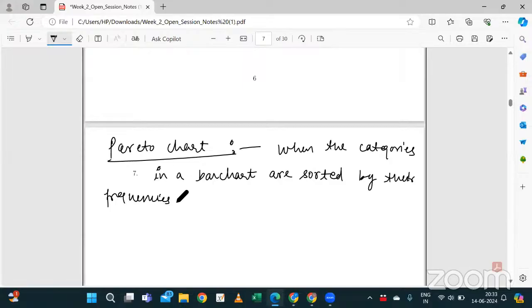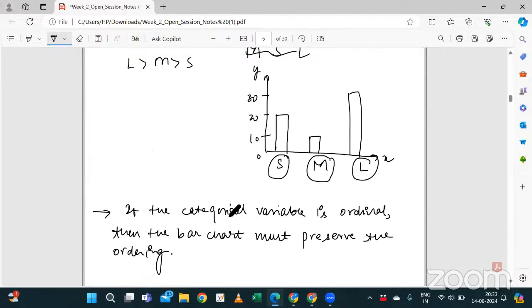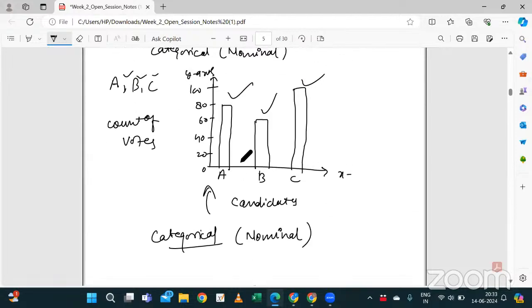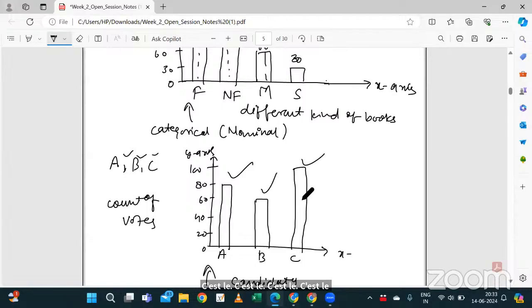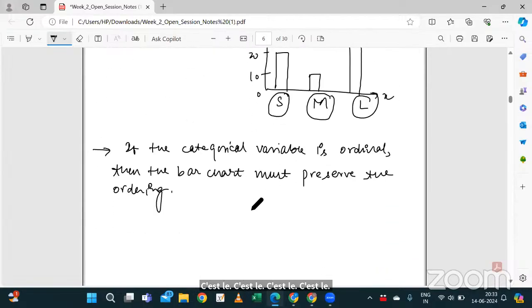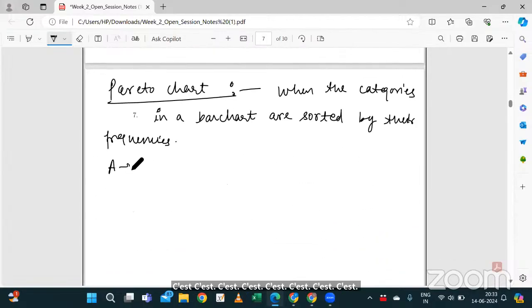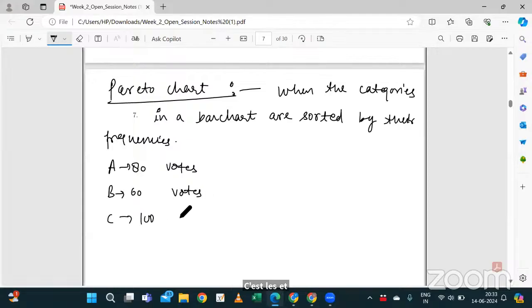So what I'm trying to say, let's say I had a data set of this, right? A, B, and C. A received 80 votes, candidate A, and B received 60 votes, and C received 100 votes. So what we have to do in a Pareto chart is order the frequencies, right? We have to sort the frequency.